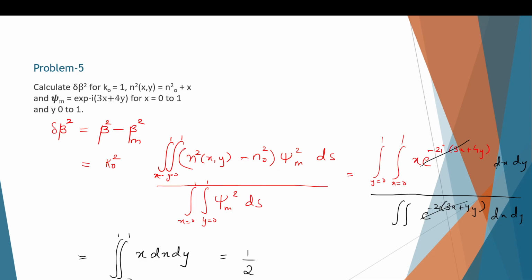Yes, Bhuvneshwari. On the numerator, we have x multiplied by the exponential term, and the integral variables are x and y. So how can you cancel the numerator and denominator? Since the surface is the same over which we are integrating, and the integral limits are also the same, I think we can do this.